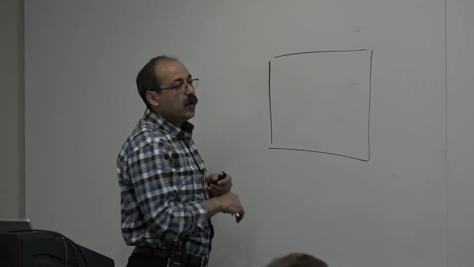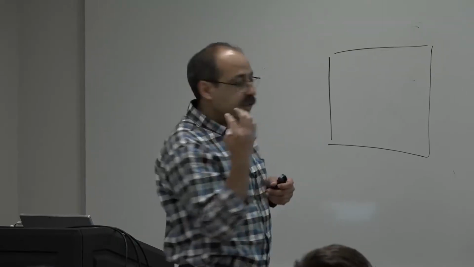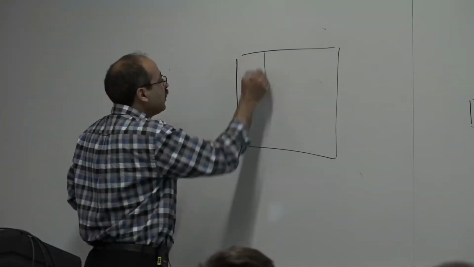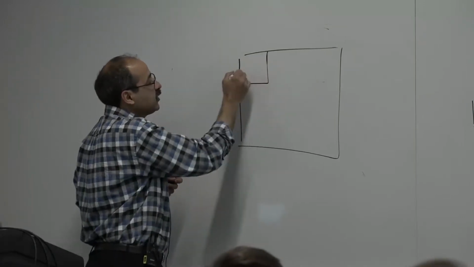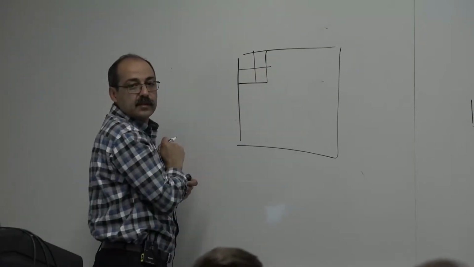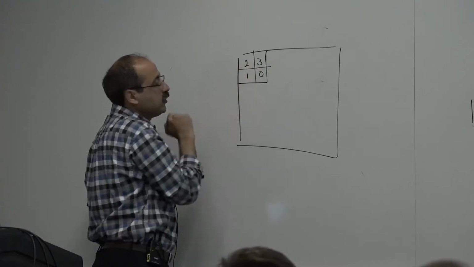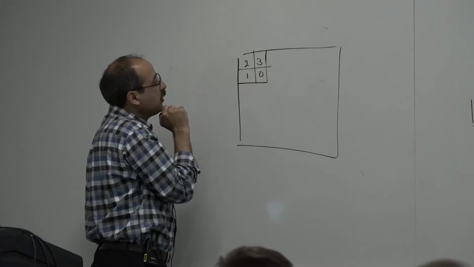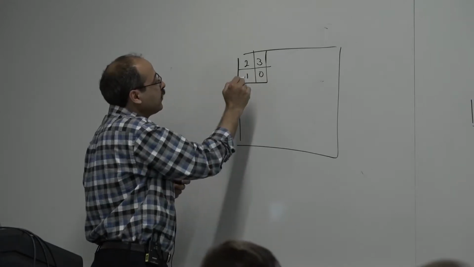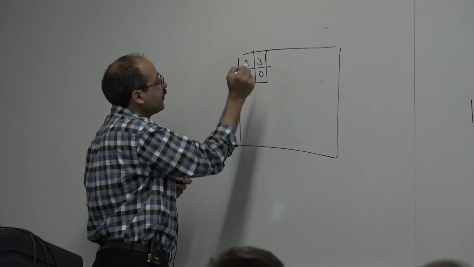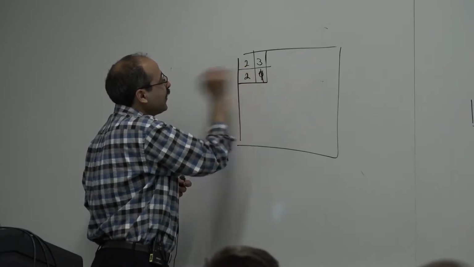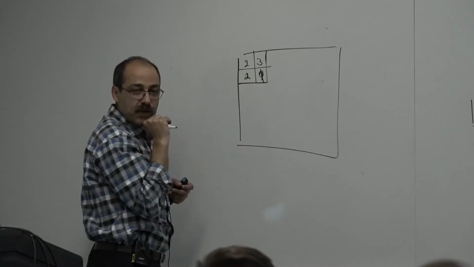means that you are going to report some sort of summary statistics of this data instead of the raw data itself. For example, I'm going to take the average of these 4 pixels. So this is 2, this is 3, this is 1, this is 0. Here, this is 2, this is 3, this is 2, this is 1.